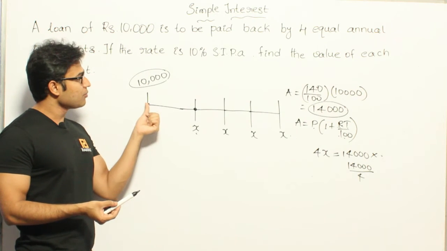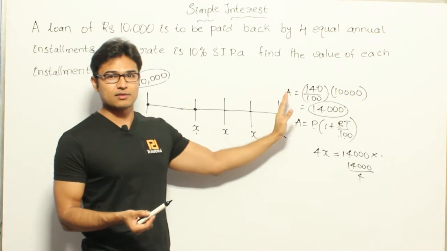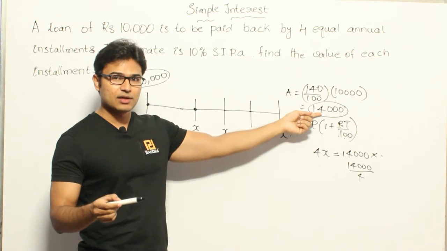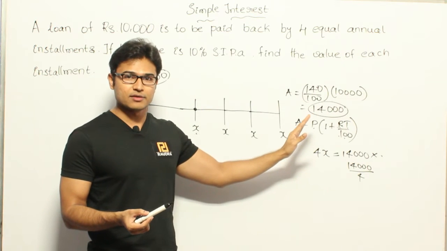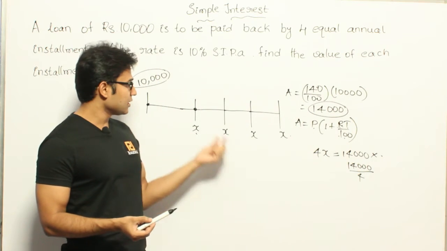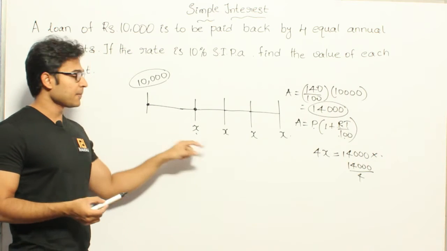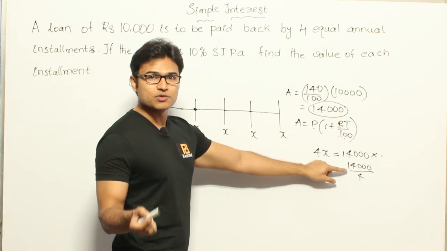So initially when you computed the total interest, you assumed that you are going to owe 10,000 rupees constantly, right? But that is not the case. Here the amount is reducing. Therefore you need not pay that much amount, you are supposed to pay less than 14,000 divided by 4.